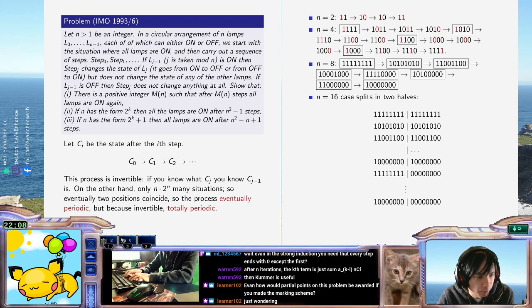How would partial credit be awarded if you made the marking scheme? Let me solve the third part first and then answer that question. Remind me when we get to the end.